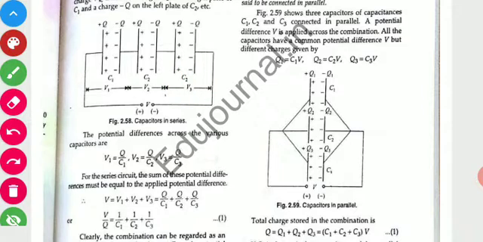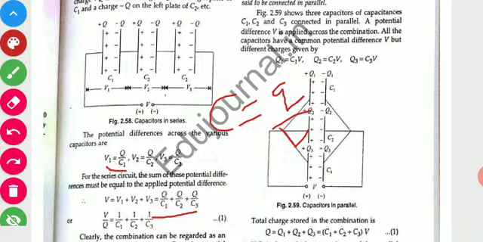Now, students, what will be the total potential? V will be equal to V1 plus V2 plus V3. Now, students, we know that capacitance is equal to charge upon potential.